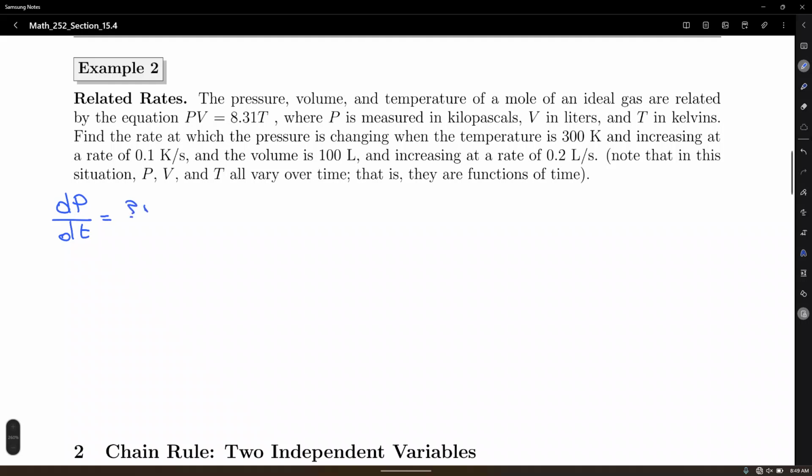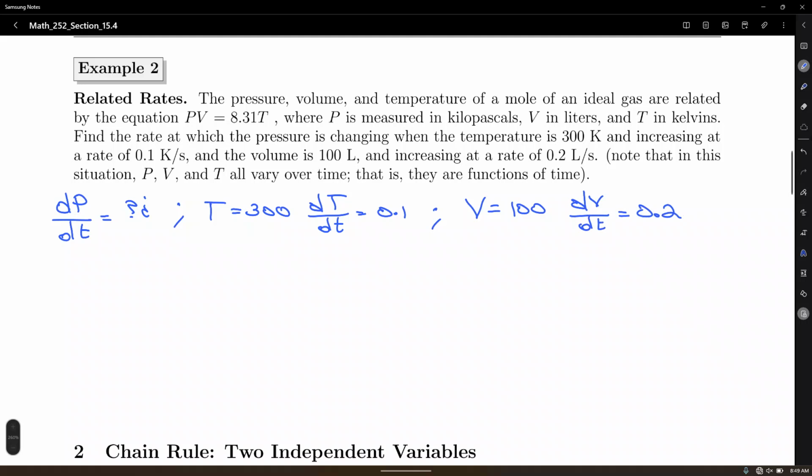That is our unknown in this case. They're telling us that the temperature equals 300, and the change of the temperature with respect to time is 1. Also, the volume equals 100, and the change of the volume with respect to time is 0.2.